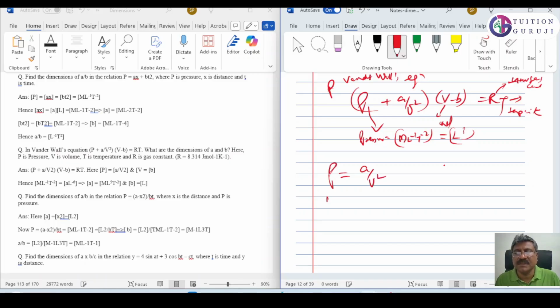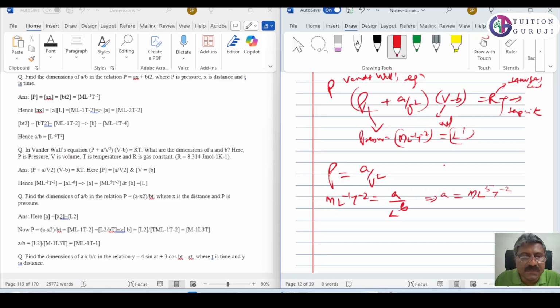That is M L raised to minus 1 T raised to minus 2 is equal to a by L raised to 6, since volume square is L cube, the whole square, which is L raised to 6. Which implies a is equal to M L raised to 5 T raised to minus 2.